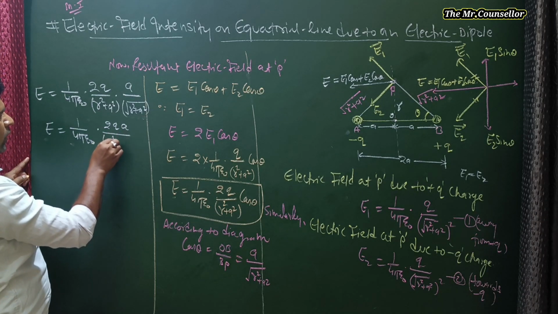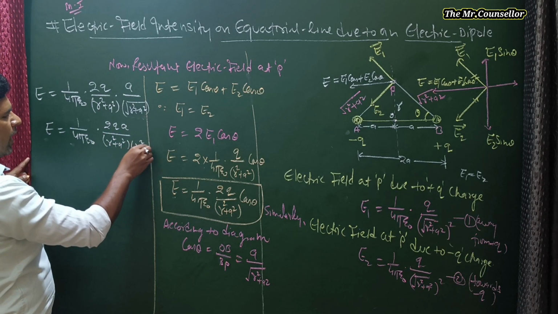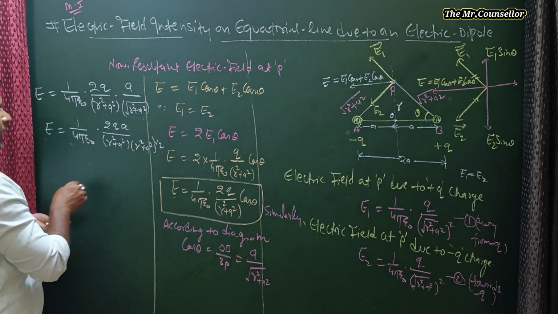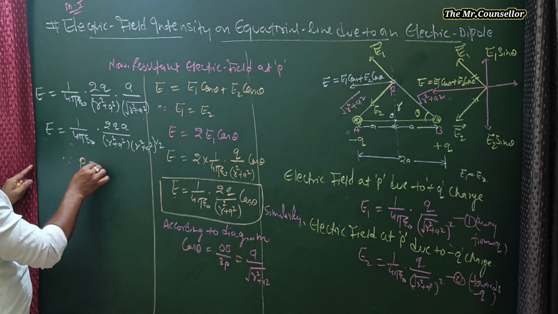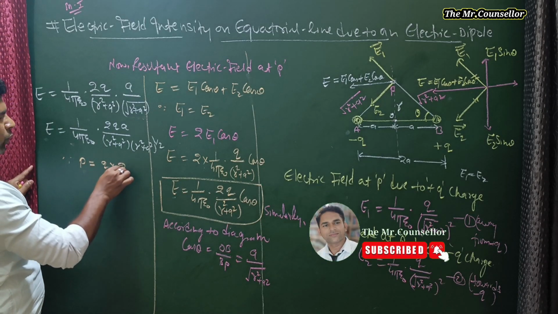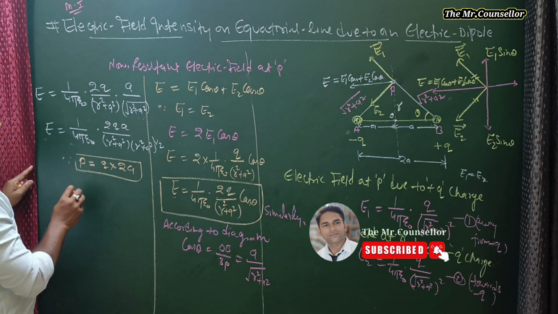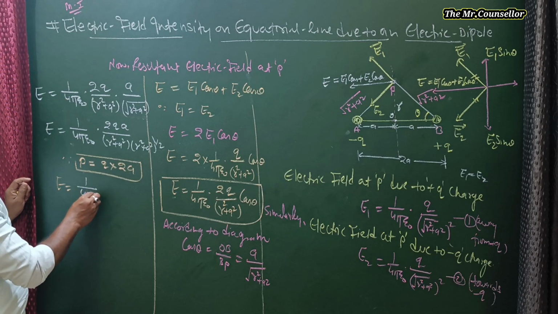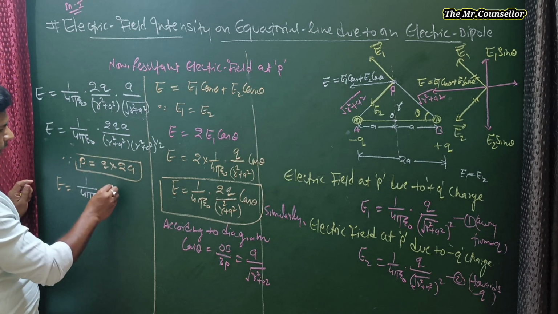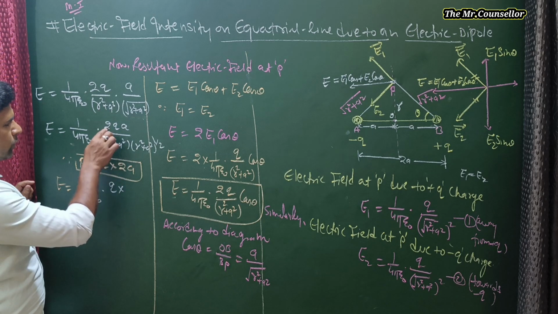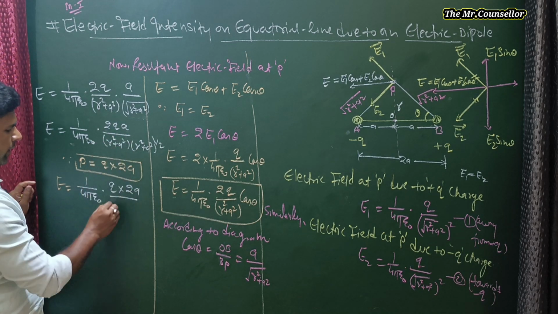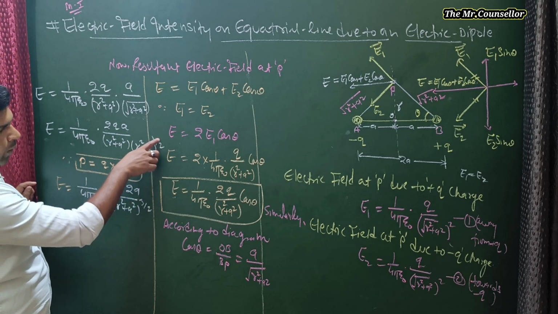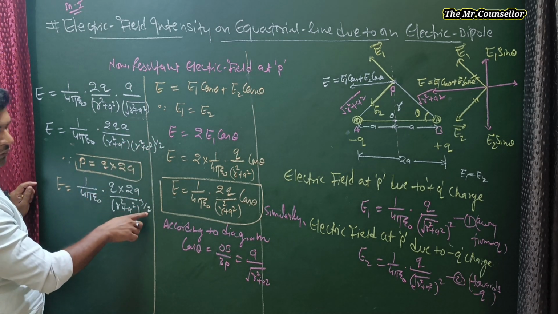It means we can write like this also, R square plus A square power 1 by 2. Yes or no? Upside we know very well the electric dipole moment, because electric dipole moment P is equal to Q into 2A. Here we can place. So we can write E is equal to 1 upon 4 pi epsilon naught into Q into 2A divided by R square plus A square power 3 by 2, since 1 plus 1 by 2 is 3 by 2.